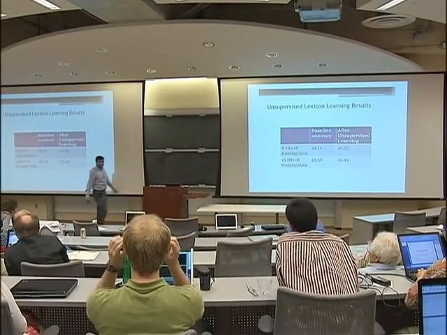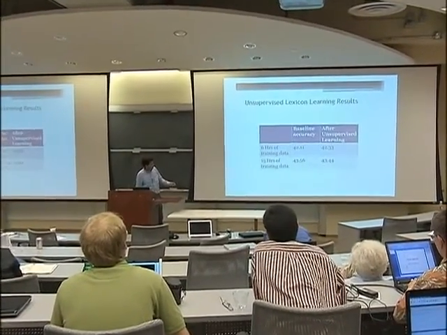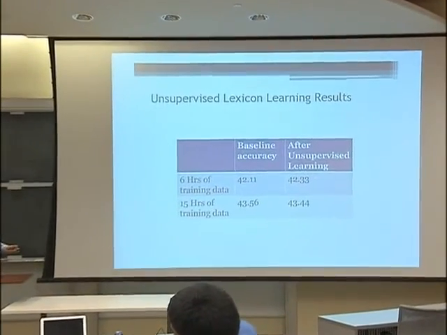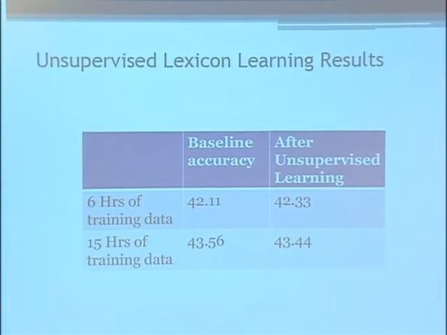One thing I want to point out about this last slide here is that this was with 6 hours of data, and unluckily when we jumped to 15 hours of data, we ended up using this as our starting point to bootstrap the next system. So it's not clear to us at this time whether it was the first iteration of unsupervised training which gave us this jump to 43.56, or if that played any role or not.